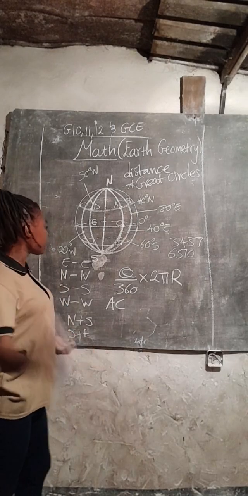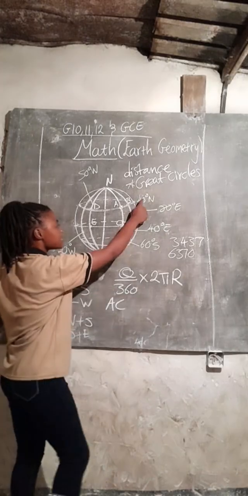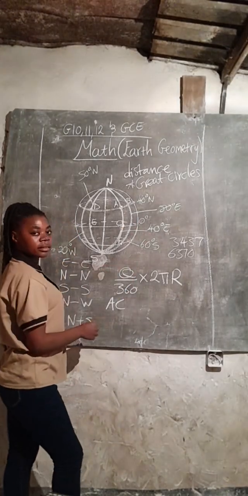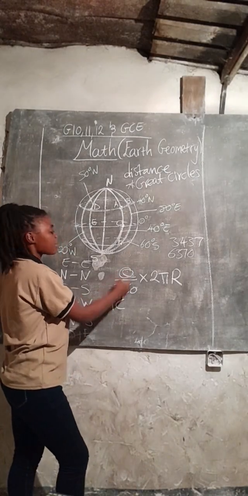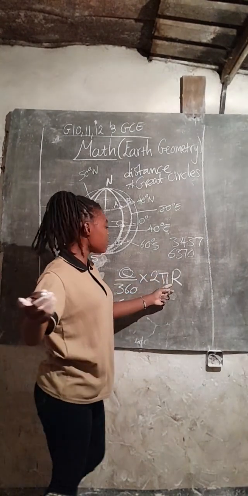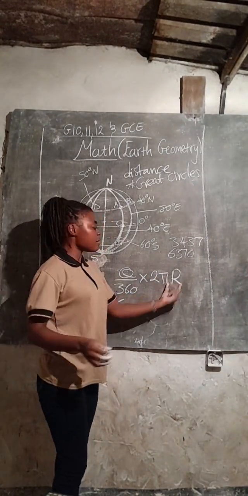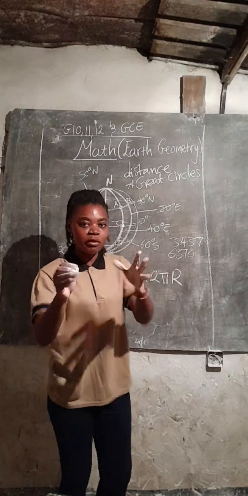If they're different hemispheres, we simply add them. So it will be 40 plus 0, and that is the number that we put on the theta. Then times 2 pi, 3.142, then the radius.